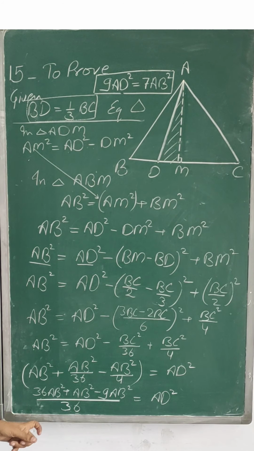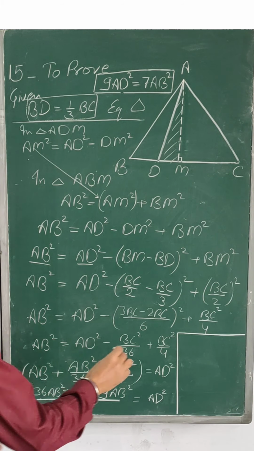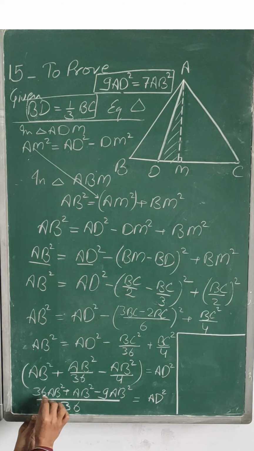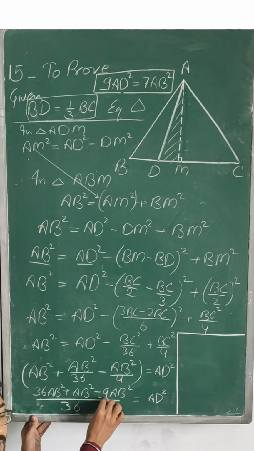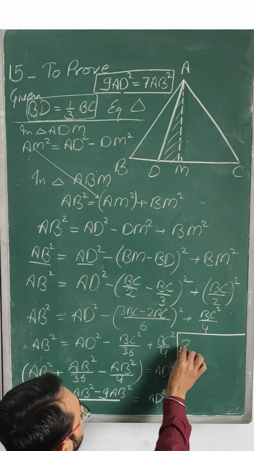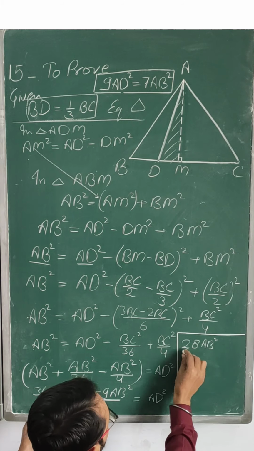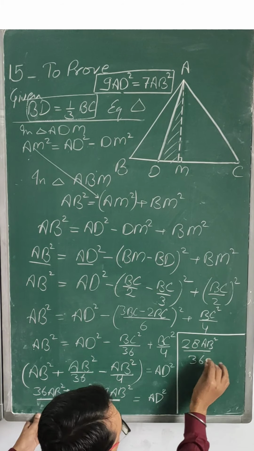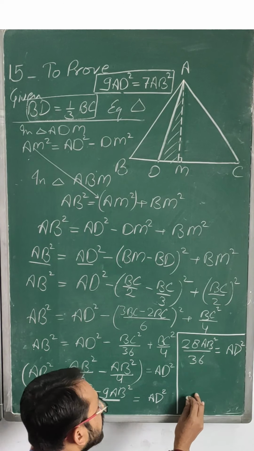Now we need to simplify it. So now the rest of the part I am solving over here. 36 plus 1 is 37. 37 minus 9 is equal to 28 AB square upon 36 equals AD square.